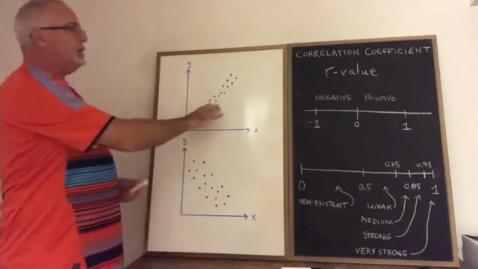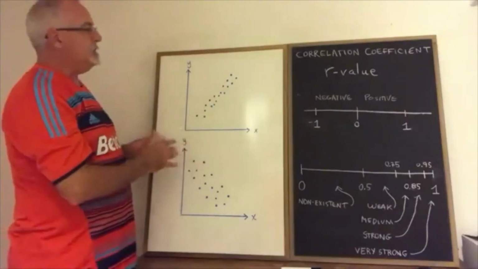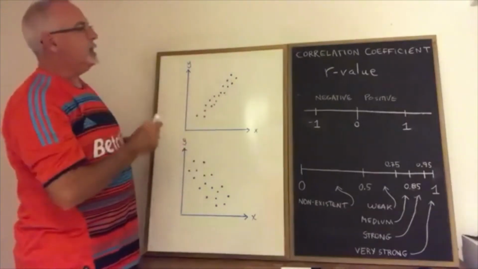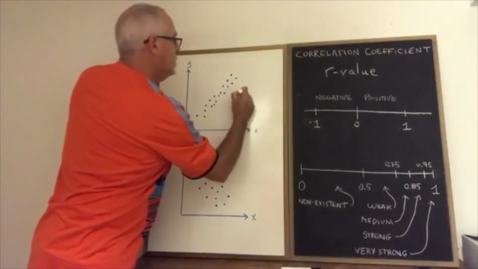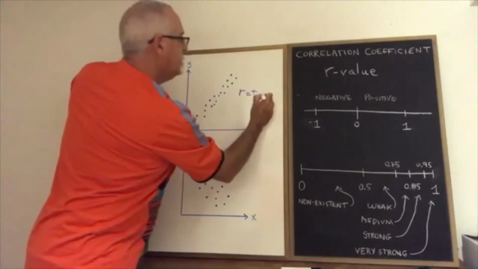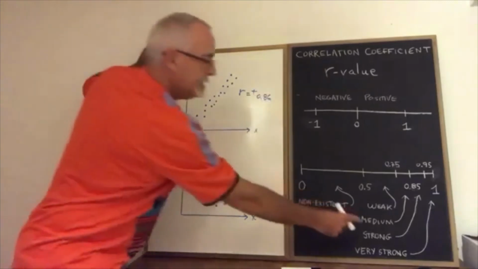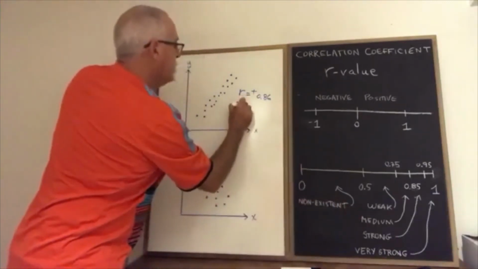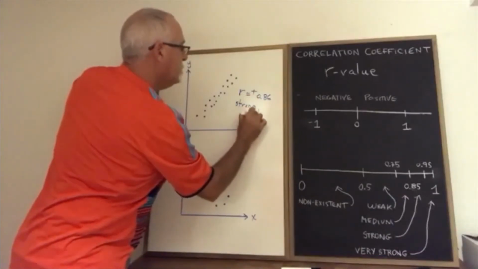In my examples, I can estimate an R value. This is a guess, but when I look at this one, I could guess that perhaps I would have an R value of positive 0.86. So therefore I would be saying that this is a strong positive correlation.